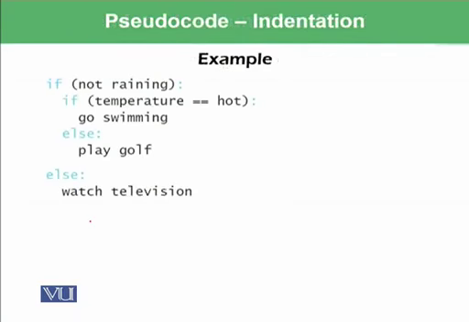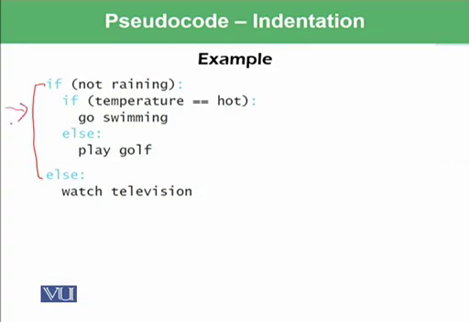There is another concept which we want to cover over here, which is the concept of indentation. Whenever we write code, we indent it. What I mean by indent is this: we have written an if structure. If not raining, and then there is another if, temperature is equal to hot, go swimming, else play golf, else watch television. By indentation we mean that the things on the same level should be at the same distance from the left side.